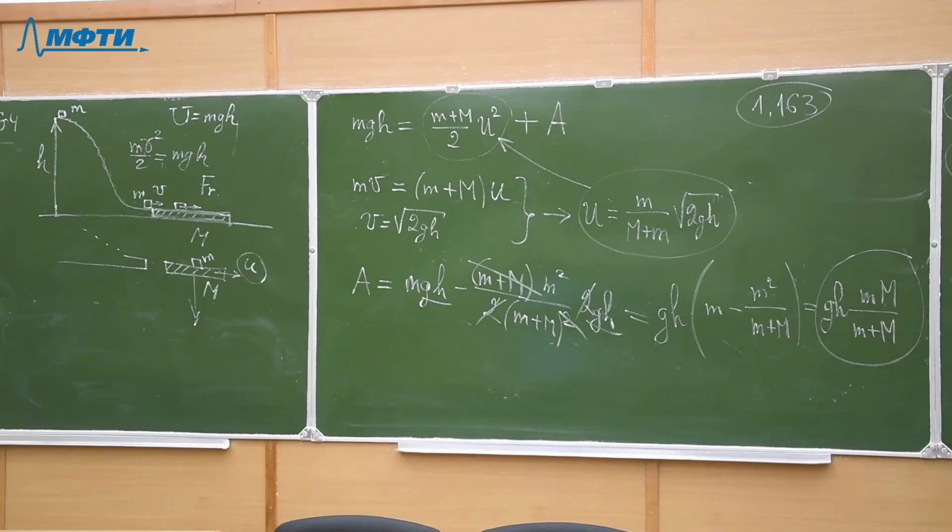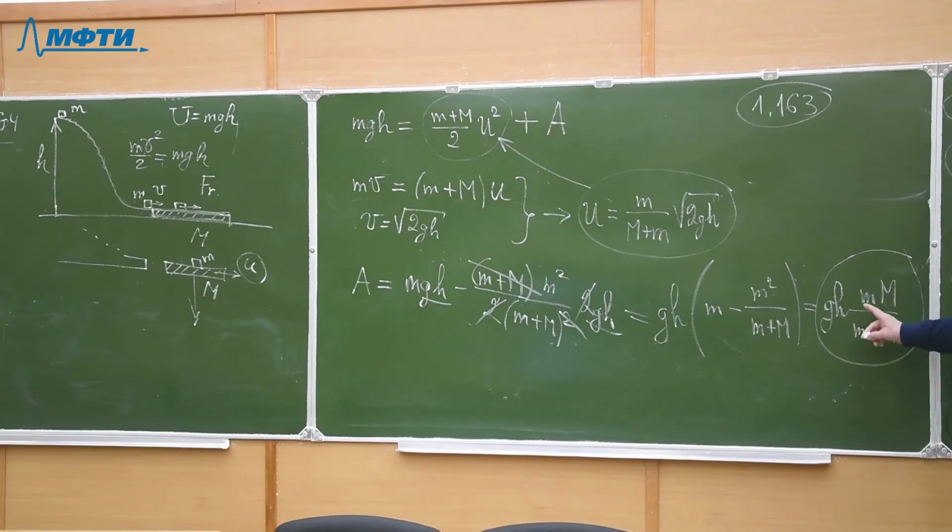Then if we consider some relationship, the larger the h, the larger will be the work performed. That's natural. And if we play with masses, if capital M is increased, infinitely increased, then the small m can be neglected in the denominator, and capital M will cancel.